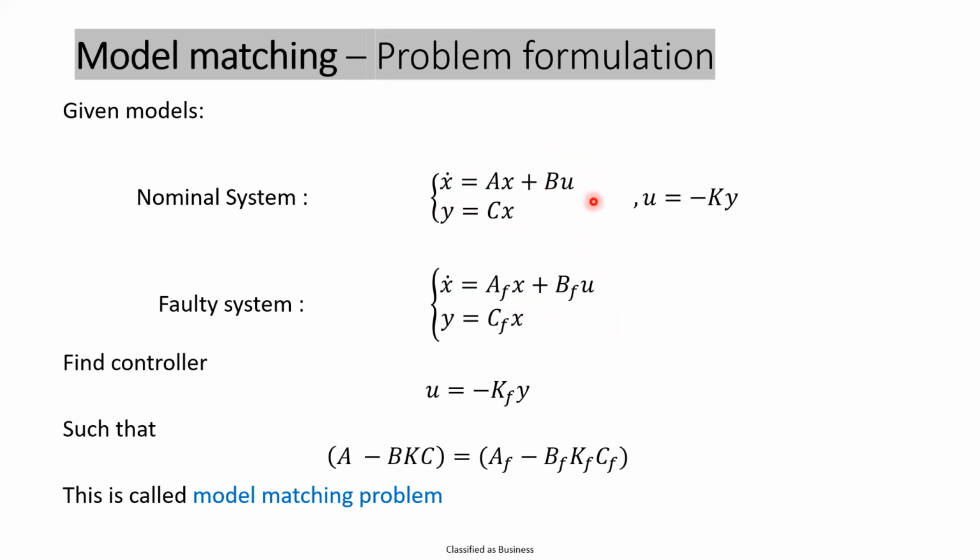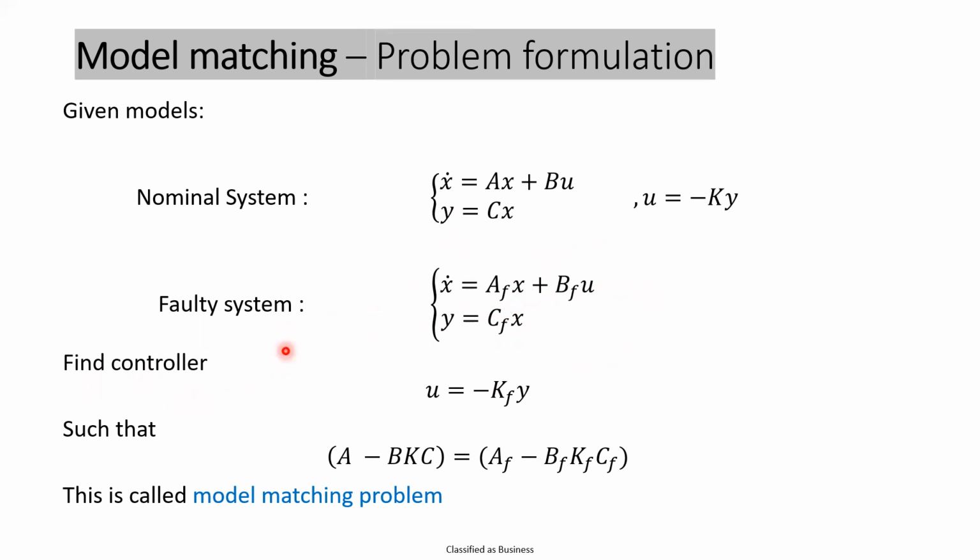One of the columns of B is 0, the one that corresponds to the faulty actuator. And if one of the sensors is not working, the corresponding row of C is 0. And if something in the plant changes, then A will change. So basically, it's a general case that you can show all faults.